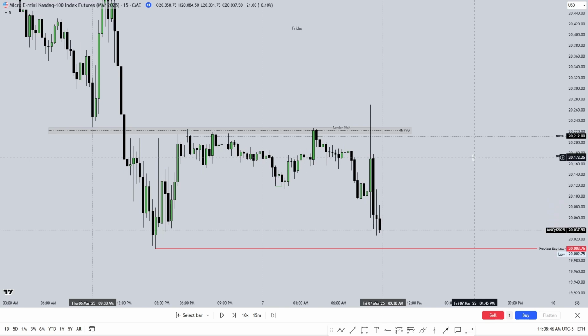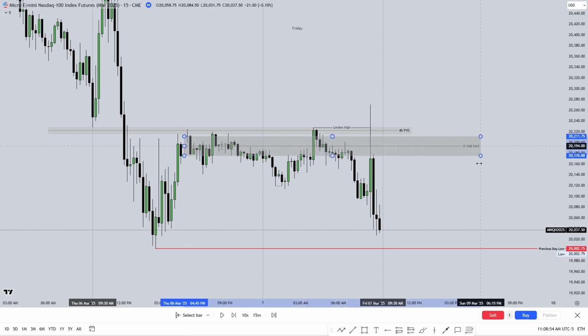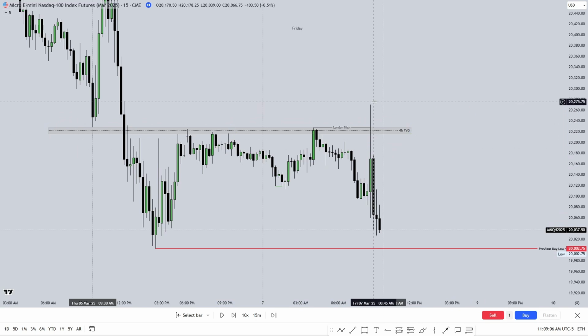right there. I'm going to take these off just so there's a little bit less clutter on the screen, but just know that this area right here was really important to me. And it was a good sign that we were rejecting here with the bodies and the wicks doing the damage. And it gave me a little bit more insight that we were more bearish. Okay. So we had taken this high, and I wanted to see this stay intact.